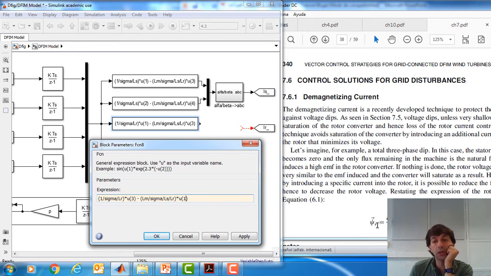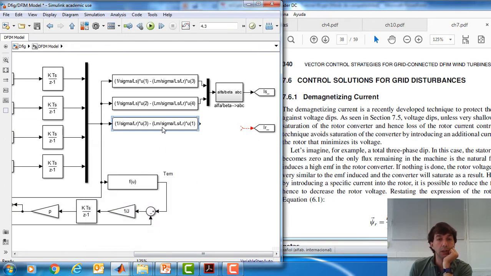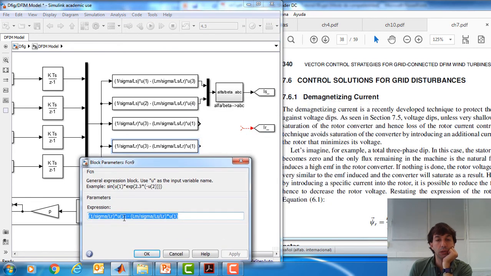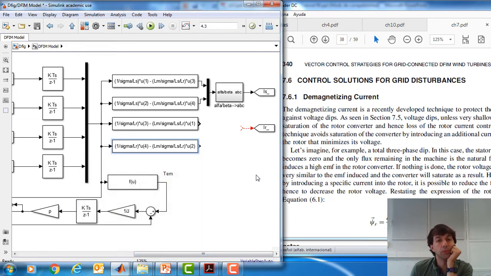Sigma Lr, and negative is going to be a stator flux. Yes, I think it's correct. And something similar with the beta component, which in this case is going to be U4, and this one is going to be U2, with the beta components like that. Yes, I think it's correct.